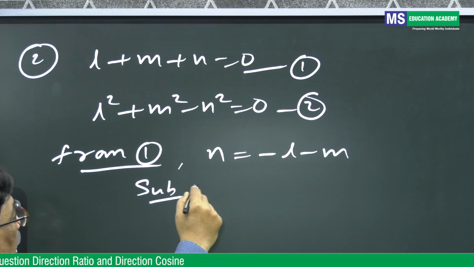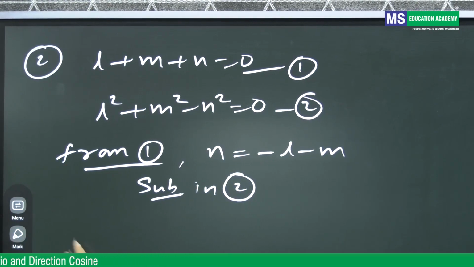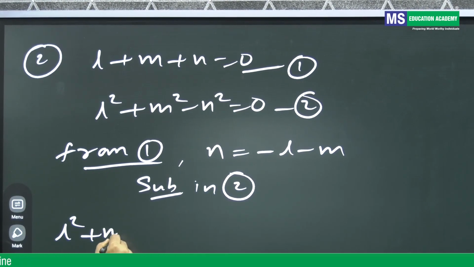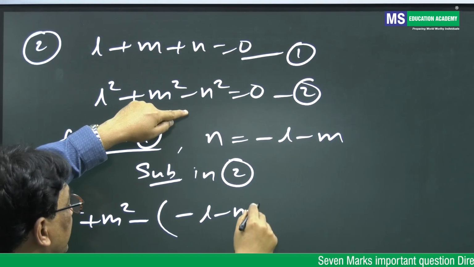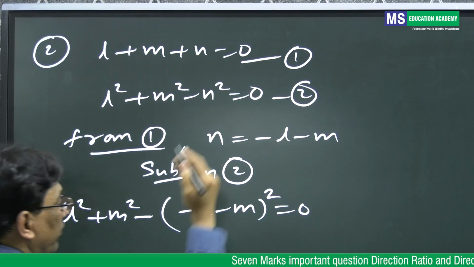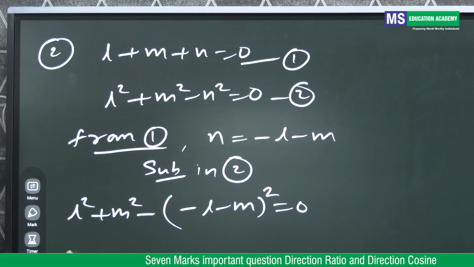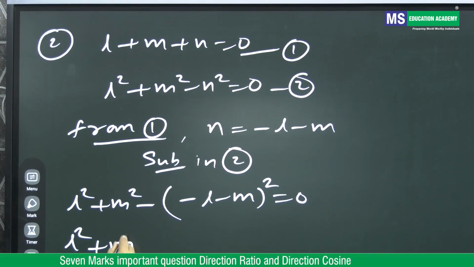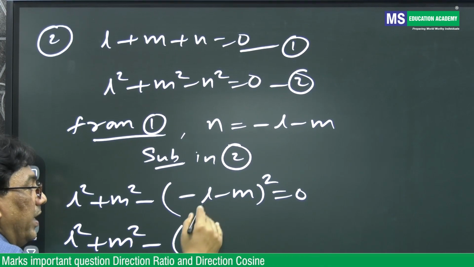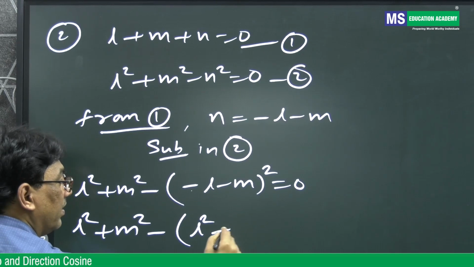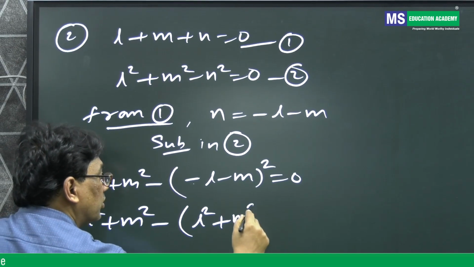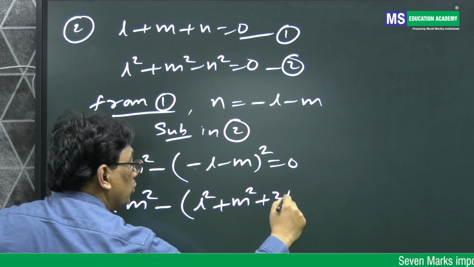Substituting in the second equation: L square plus M square minus N square means minus L minus M whole square equal to 0. Expand it: L square plus M square minus, the expansion of minus L minus M whole square, L square plus M square plus 2LM.